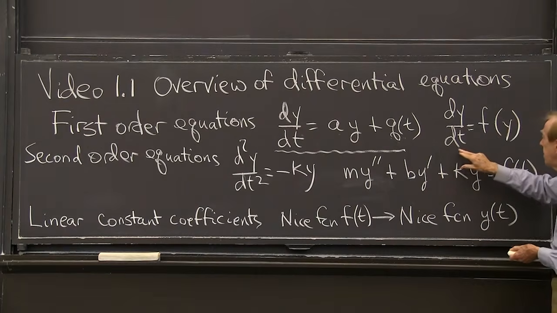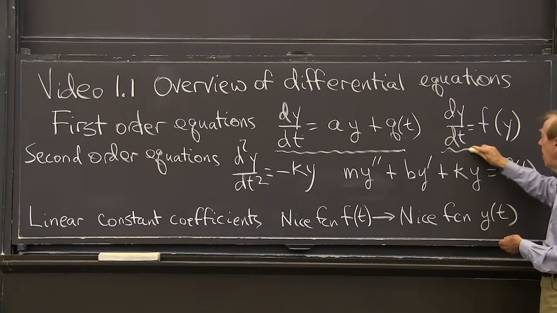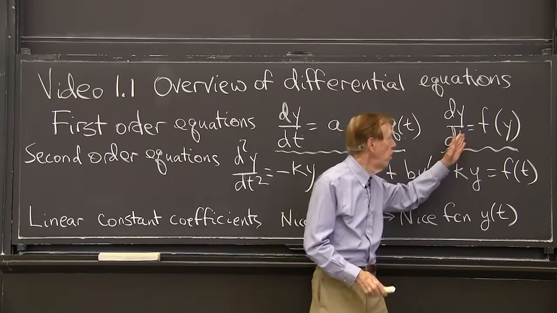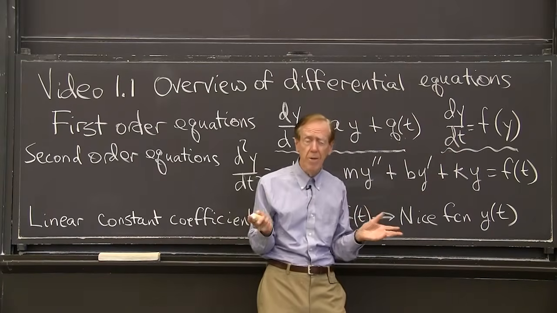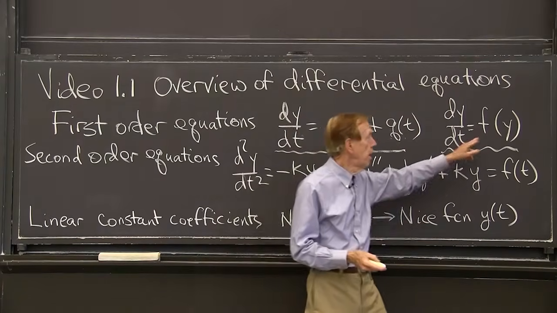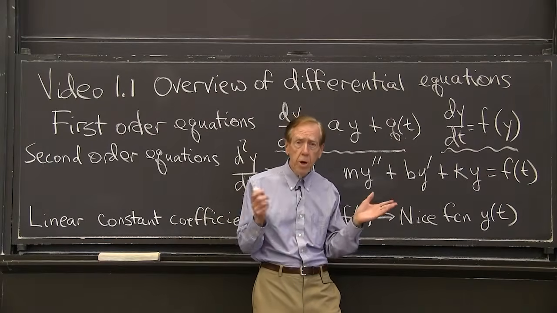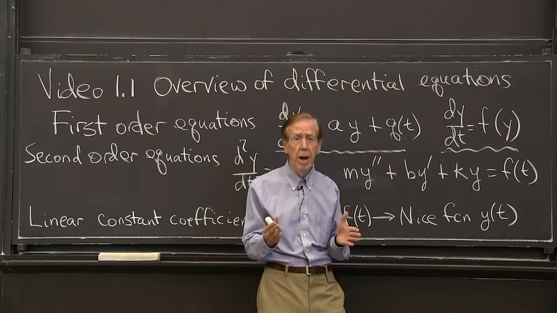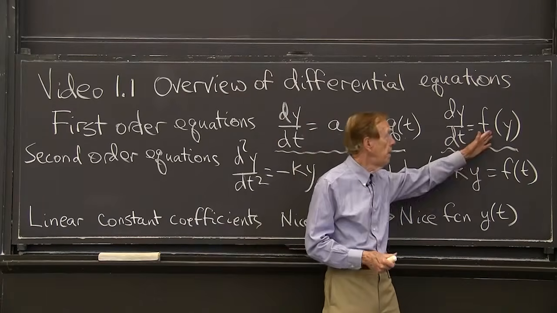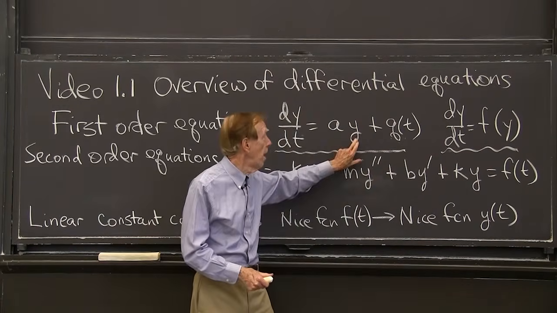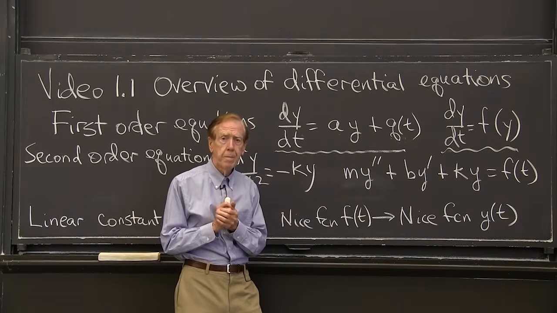And here is a nonlinear equation. The derivative of y, the slope, depends on y, so it's a differential equation. But f of y could be y squared, or y cubed, or the sine of y, or the exponential of y. So it could be not linear. Linear means that we see y by itself.